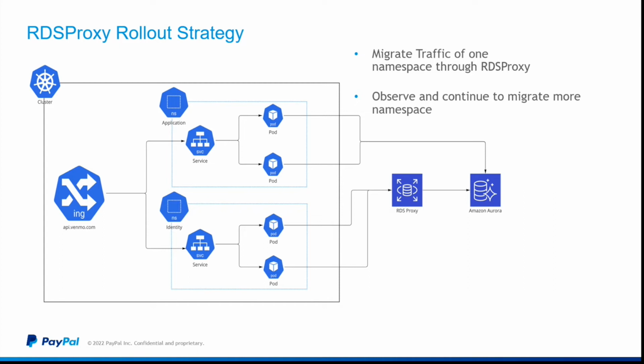We started to roll out gradually instead of big bang. Just in case we run into any issue, we can react faster and reduce the risk by rolling out small and slowly, and also keep learning while we are rolling out, and not get caught by surprise by rolling out everything to RDS proxy.